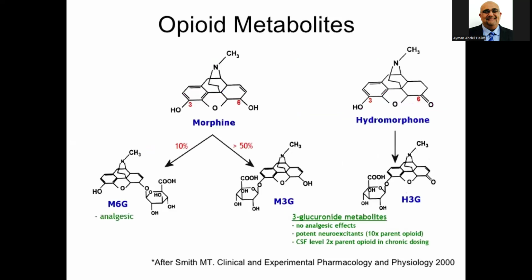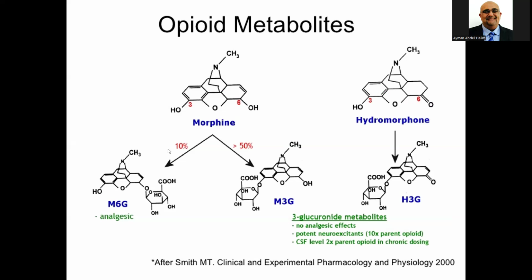Opioid metabolites. Morphine is metabolized to M6G and M3G. M6G is analgesic. M3G is excitatory. The M3G is the commonest metabolite, more than 50%, while M6G is 10%.